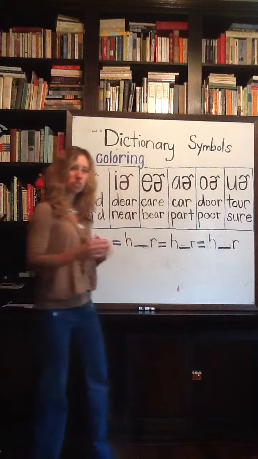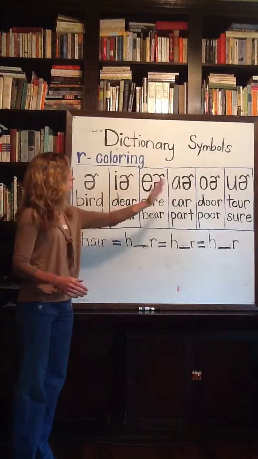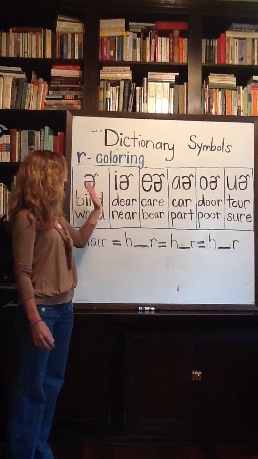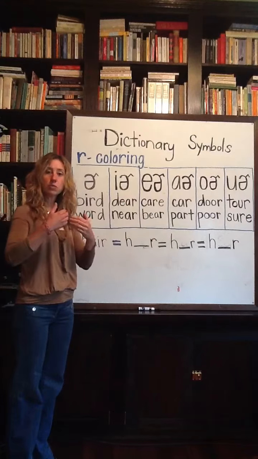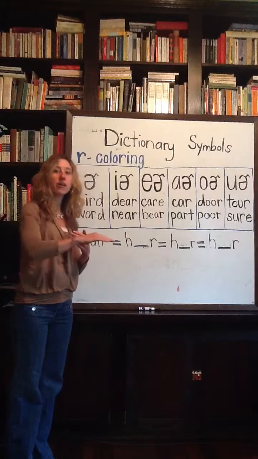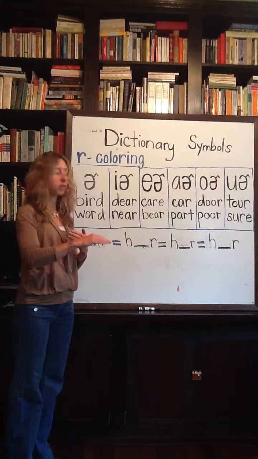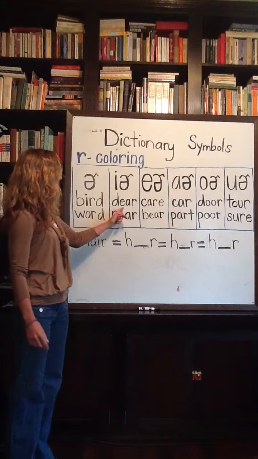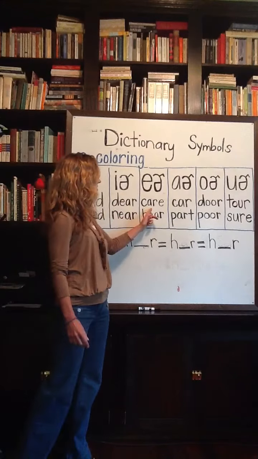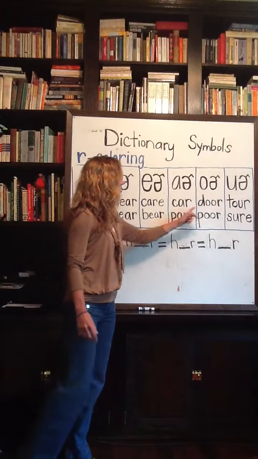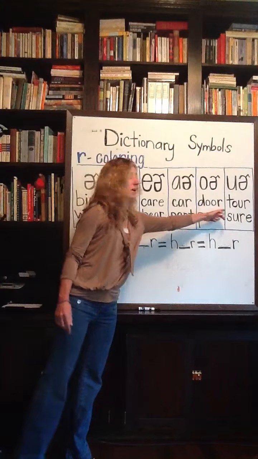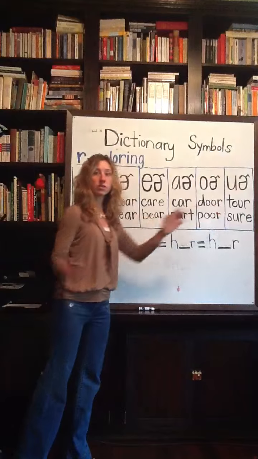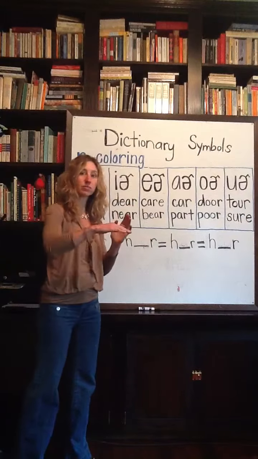And again, just to remind you, across these last five, the vowel starts out in one place and then it moves down to schwa before the R sound. So one more time, bird, deer, care, car, door, and tour. Okay, starts out in one place, moves down to schwa.